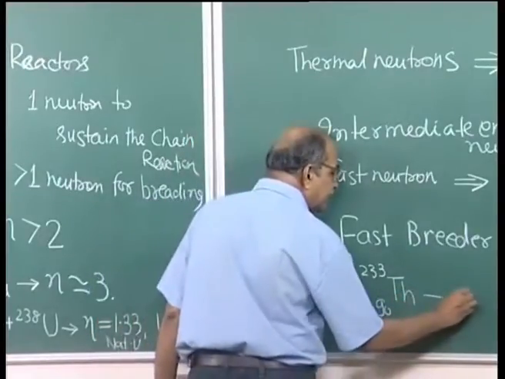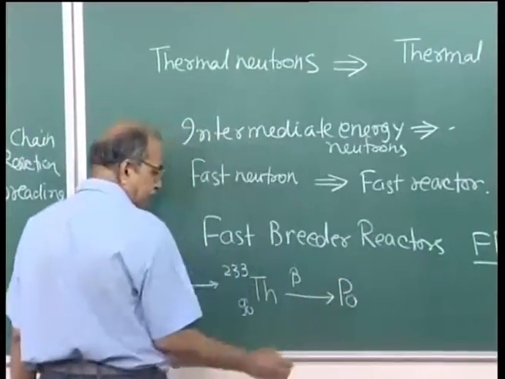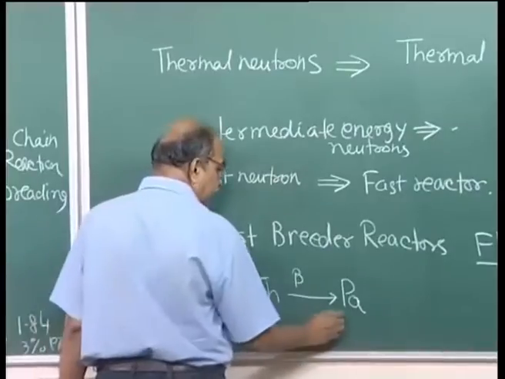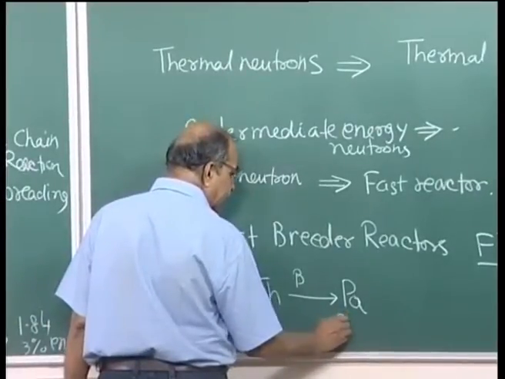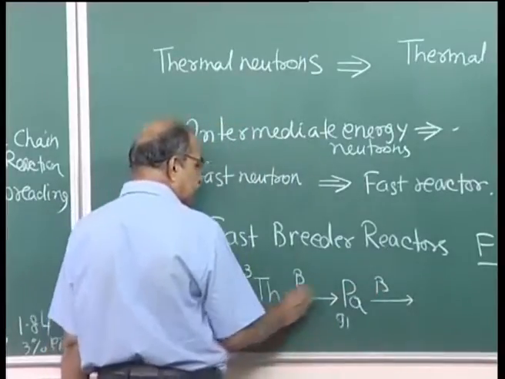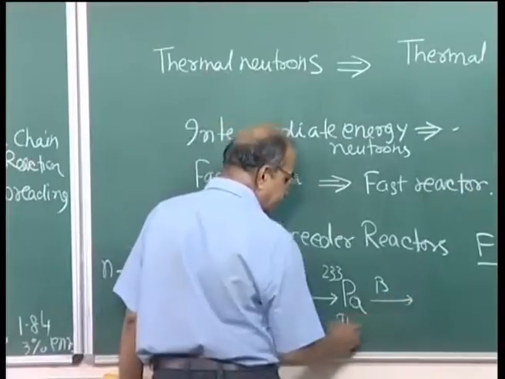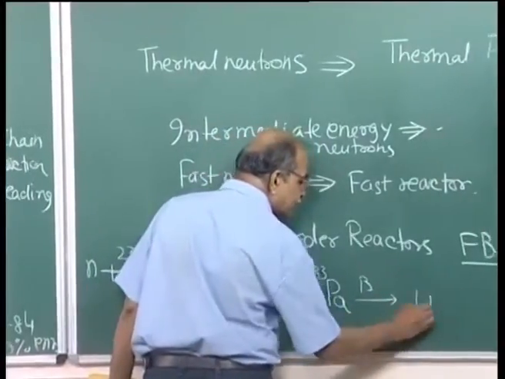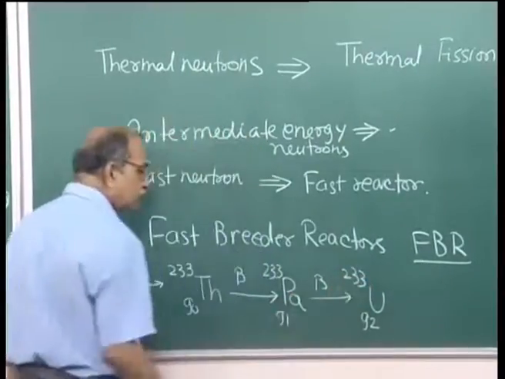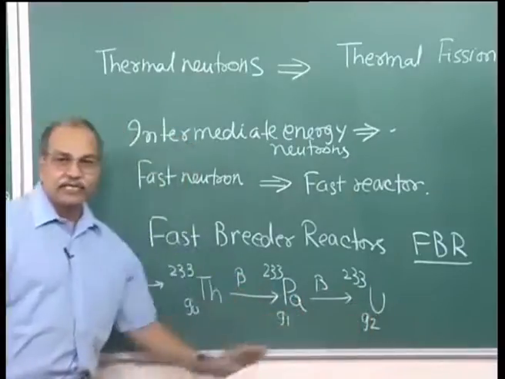And this can beta decay to protactinium, Pa, and that can again beta decay. So, this will be 233 here, and it can again beta decay, and this will become 92, that is uranium, and 233. So, this is the fissile material, uranium 233.